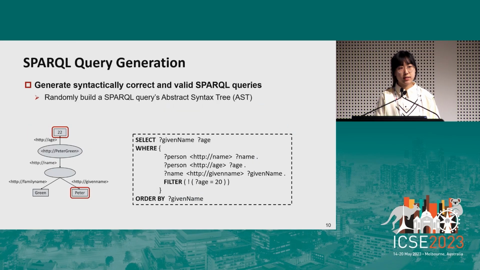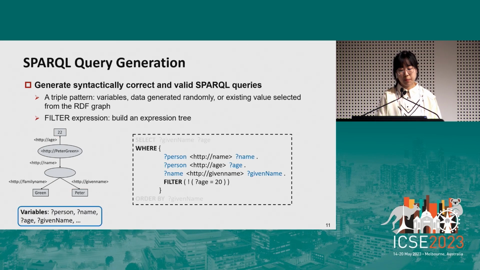To generate syntactically correct and valid SPARQL queries, we build abstract syntax trees. To generate the triple pattern in the where clause, we first randomly generate variables and then randomly bind them to the subject, predicate, or object.